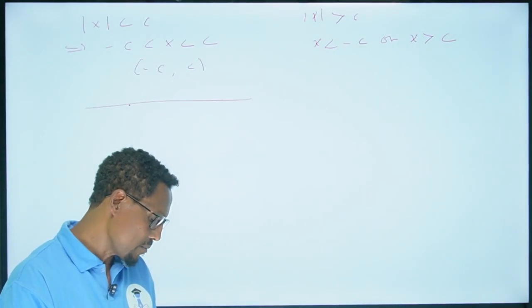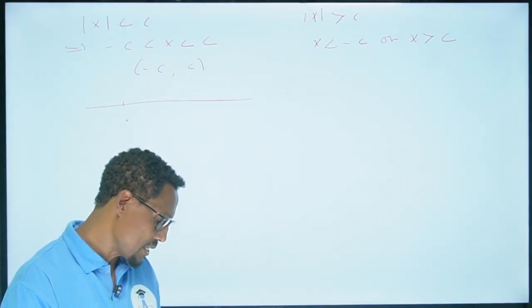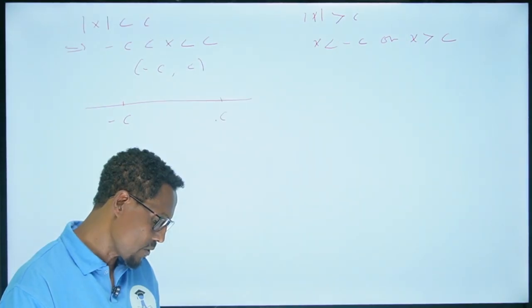እዚህ ጋር በነምበር ላይ ሳሳያችሁ x ማለት በኔጋቲቭ c እና በc መካከል የሚገኝ ቁጥር ነው ማለት ነው። This is x.